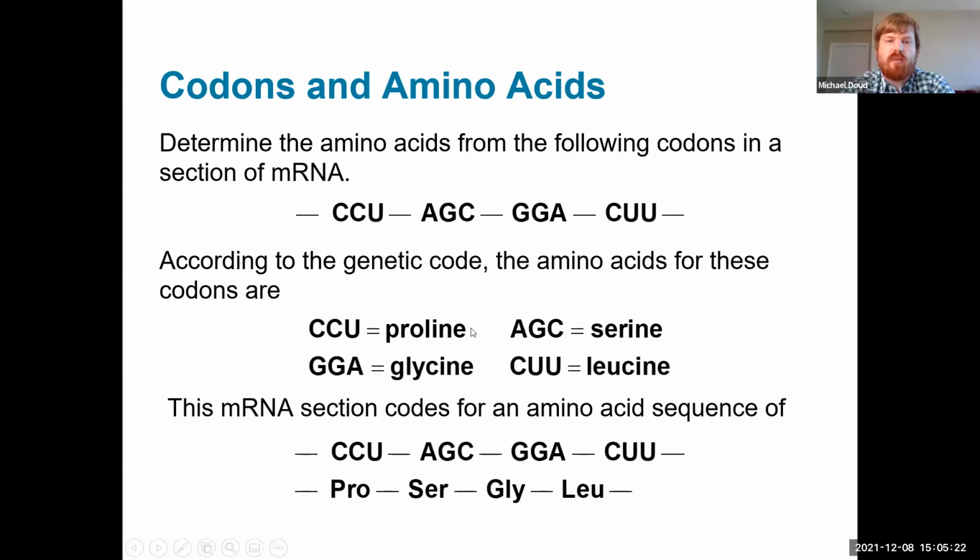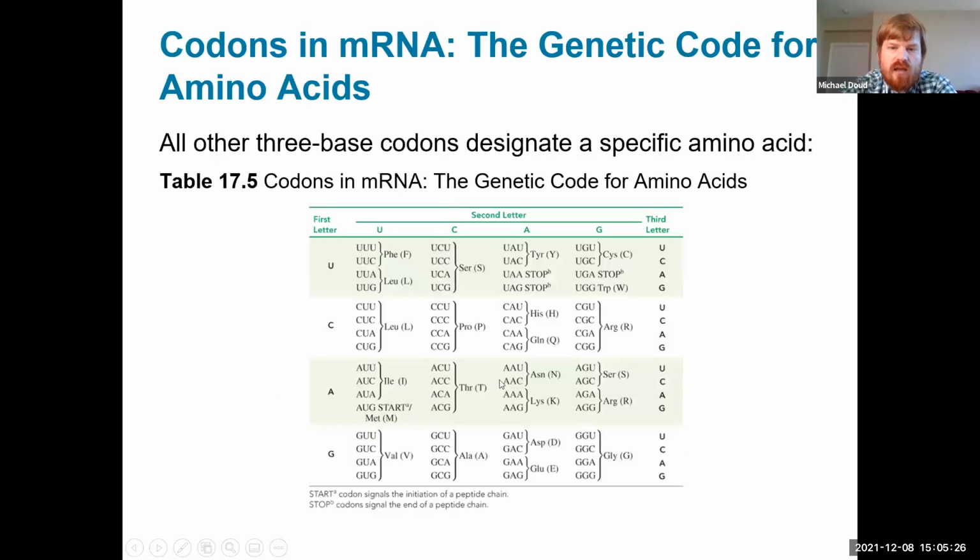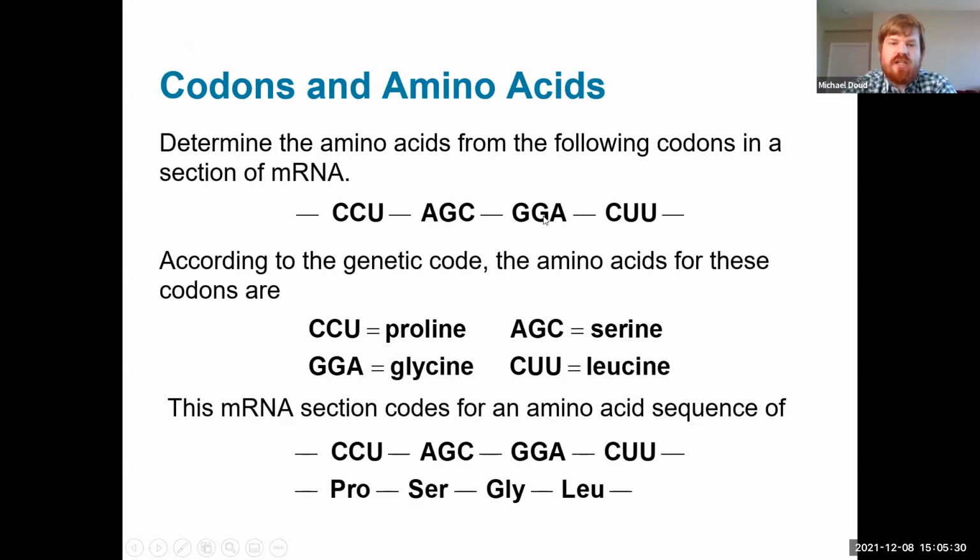So proline is going to be number 1. AGC, we go back here, serine. GGA, glycine, and then CUU, leucine, just in the same way. So we know that the codon sequence CCU, AGC, GGA, CUU is actually proline, serine, glycine, leucine.